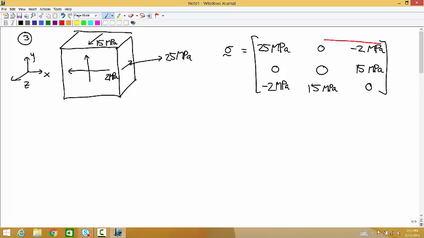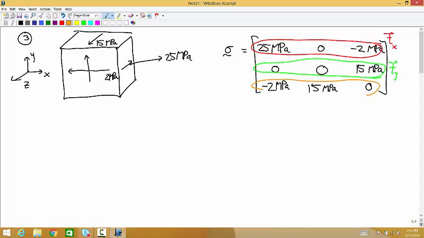So this is the traction on the x face. This is the traction vector on the y face. And this is the traction vector on the z face.